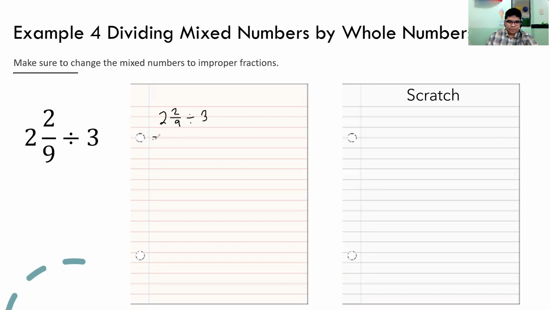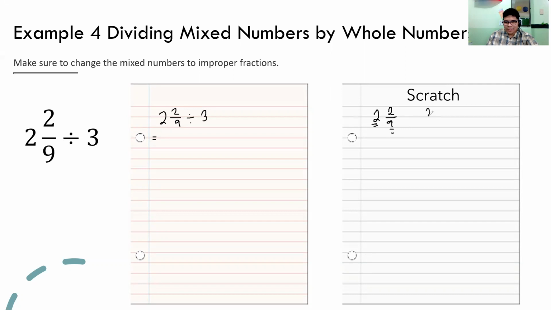So that 2 and 2 over 9 will not do. We need to put that into improper form so that we can multiply or divide properly. Again, the process of doing that is by multiplying the whole by the number of parts and then adding the remainder of the parts.